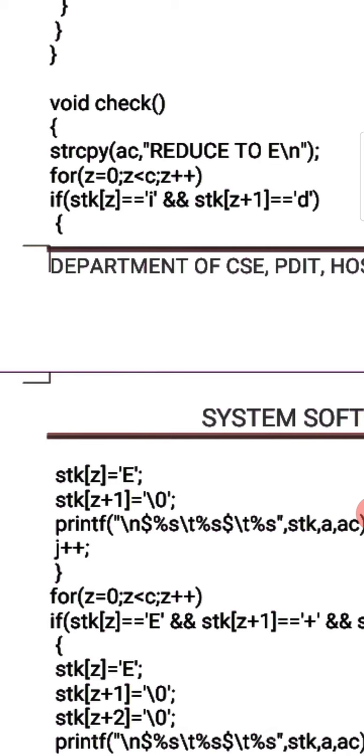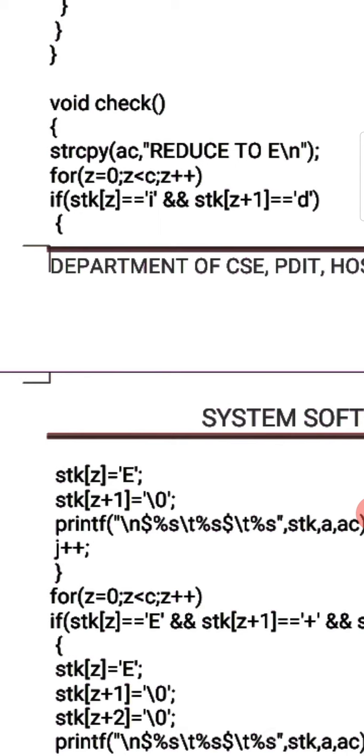Then we have a for loop in which we check a condition on stack of z. Stack of z starts from 0: is the 0th location equal to i? Yes, it is equal to i currently. And stack of z plus 1 is equal to d? Yes, it is equal to d.